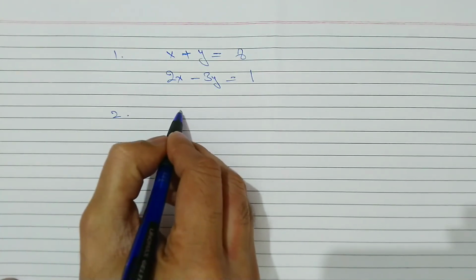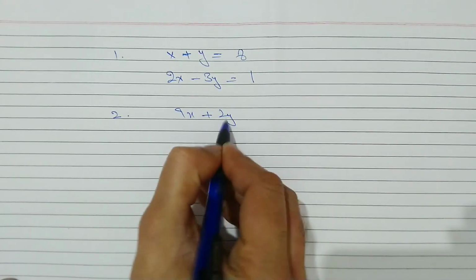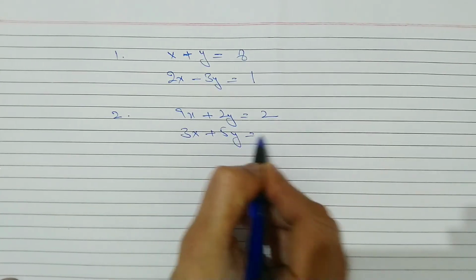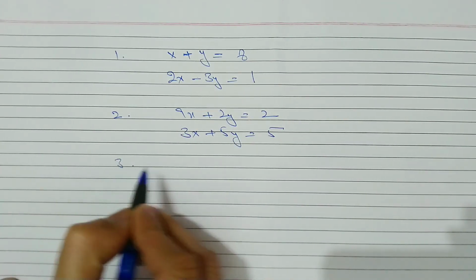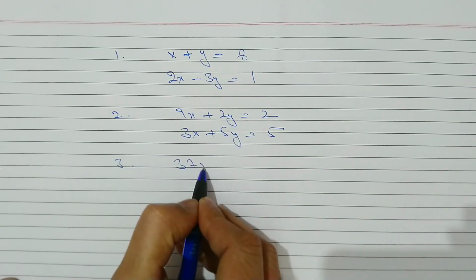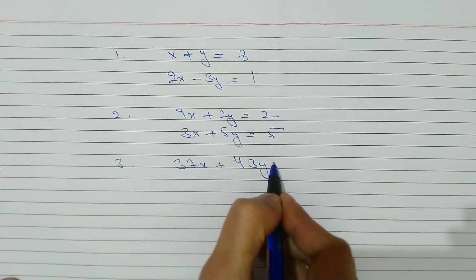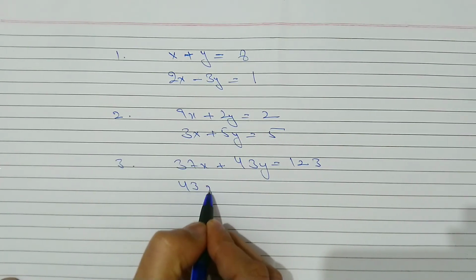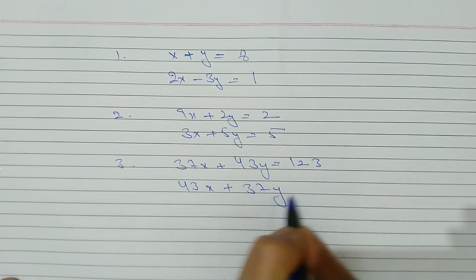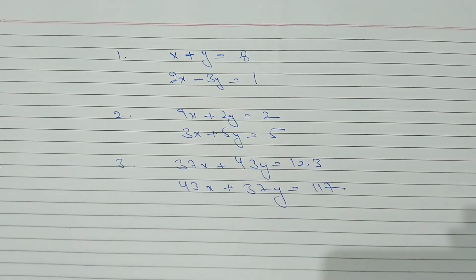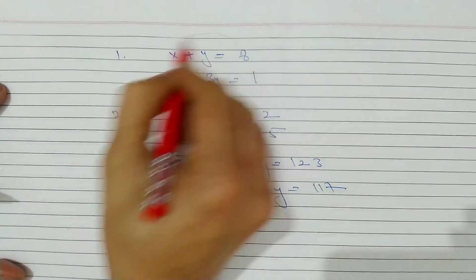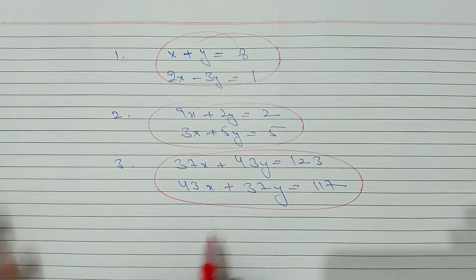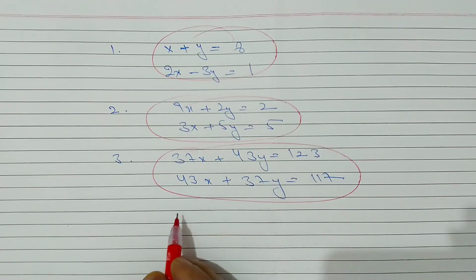Question number 2: 9x plus 2y equals 2, 3x plus 5y equals 5. Question number 3: 37x plus 43y equals 123 and 43x plus 37y equals 117. Solve these three questions, find x and y and write in the comment box below.